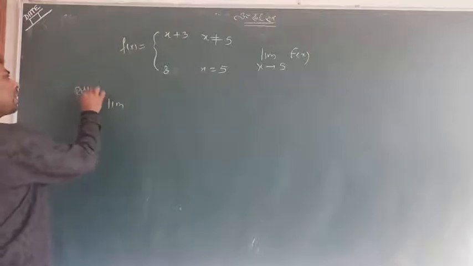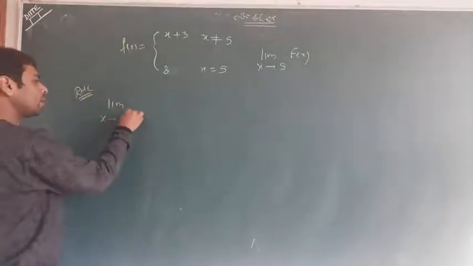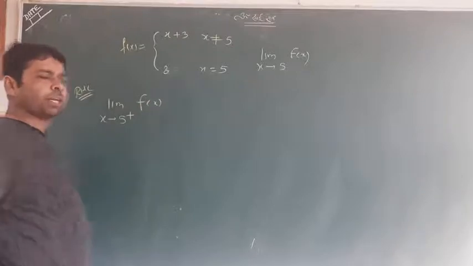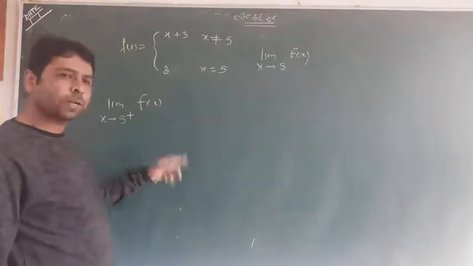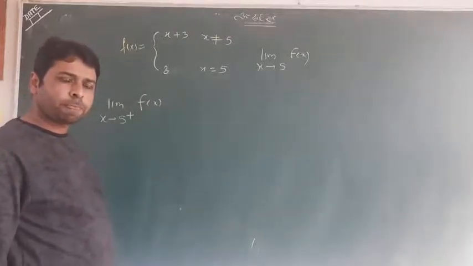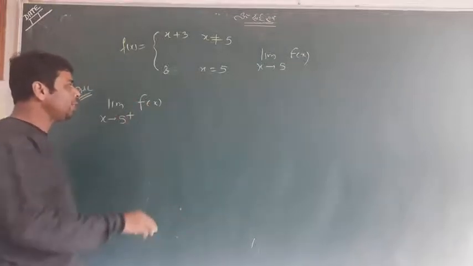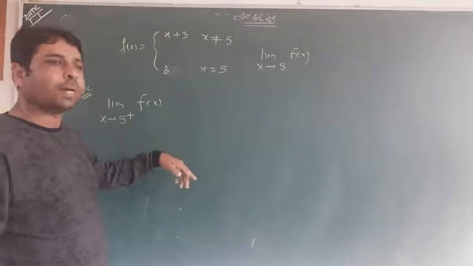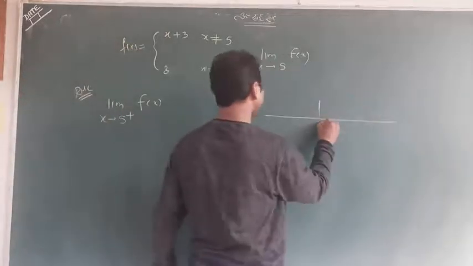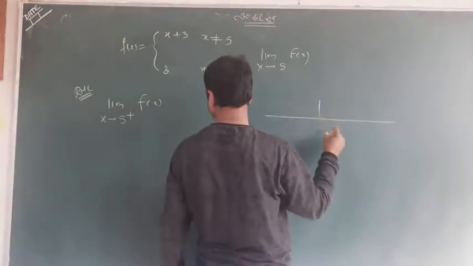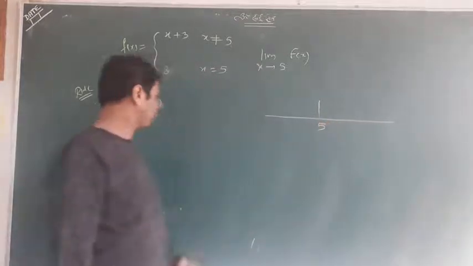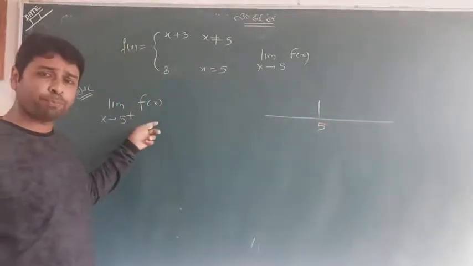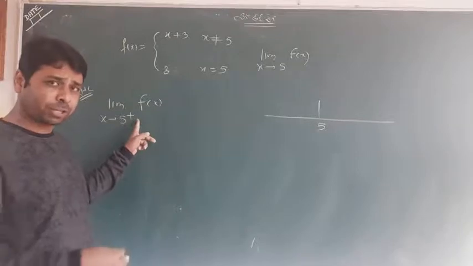So again a beautiful thing is coming. The right hand limit will be taken here: limit x tends to 5 plus of the function. Now my question is, what is the function, this or this? Again, make a picture. This is my 5. X tends to 5 from the positive, right direction.